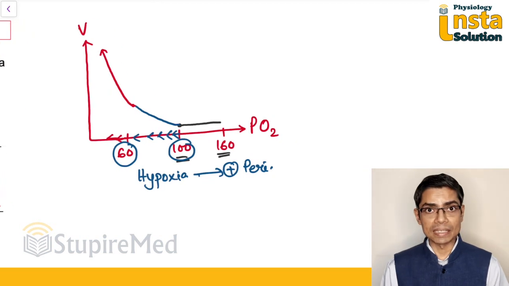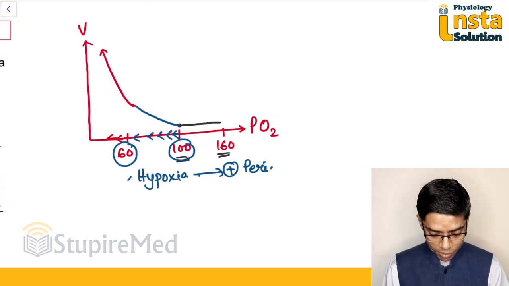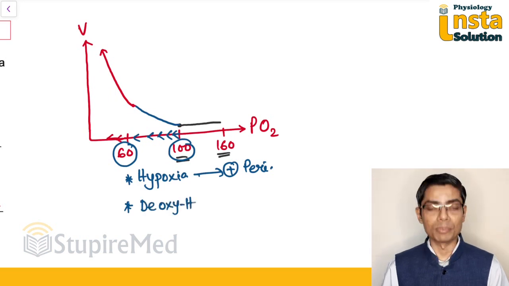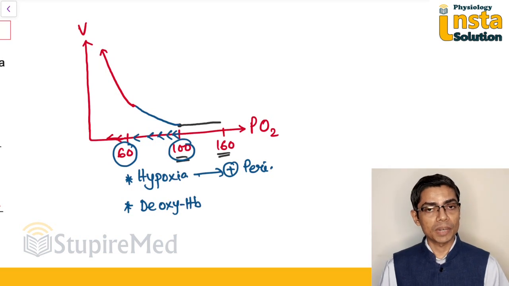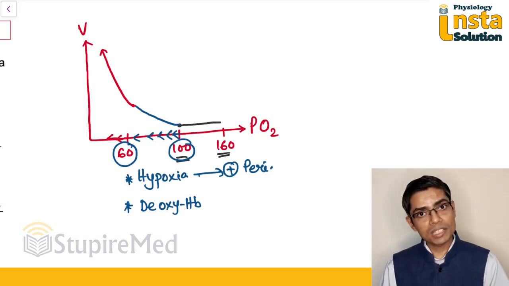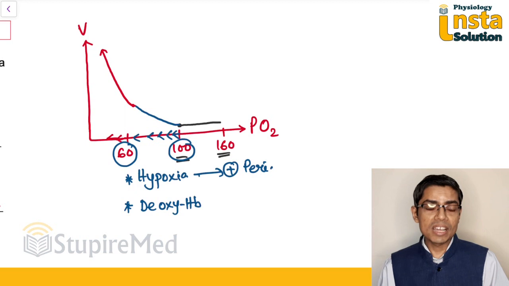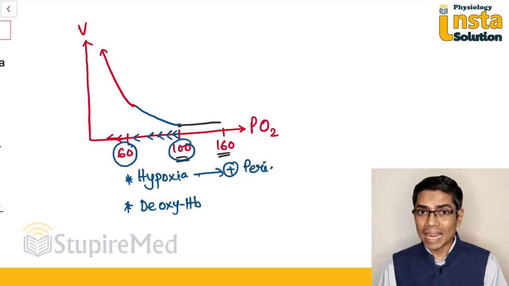But simultaneously, because of hypoxia, what is happening? There is more and more deoxyhemoglobin formation also occurring. Because partial pressure of oxygen is less, it means deoxyhemoglobin is more. Deoxyhemoglobin is a kind of alkali in comparison to oxyhemoglobin. So, oxyhemoglobin is a strong acid, deoxyhemoglobin is a less strong acid.